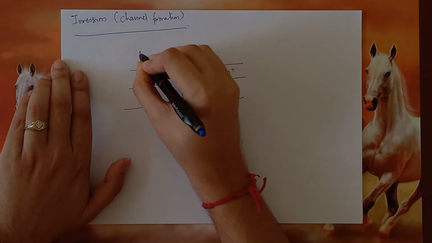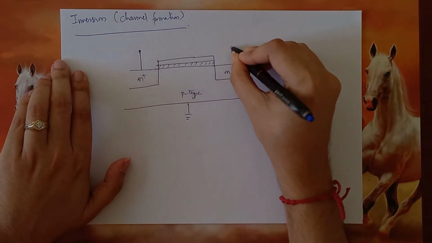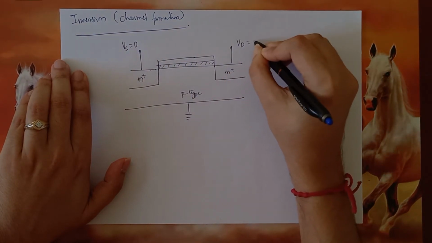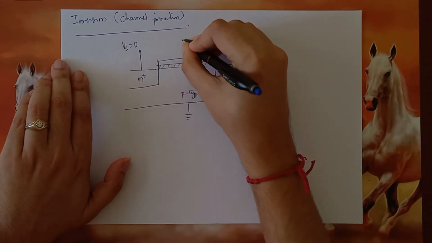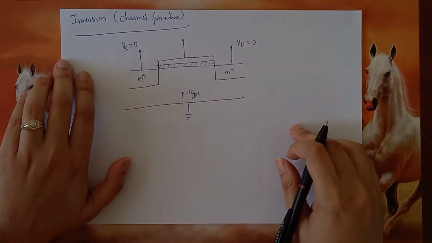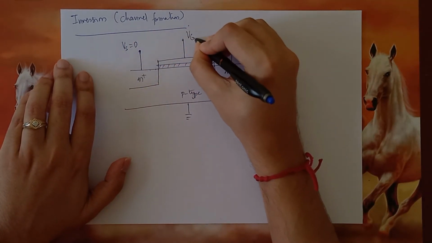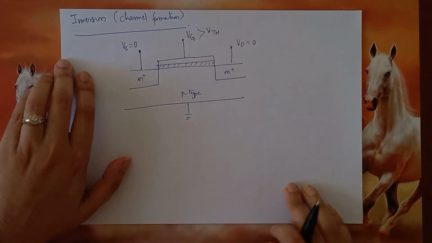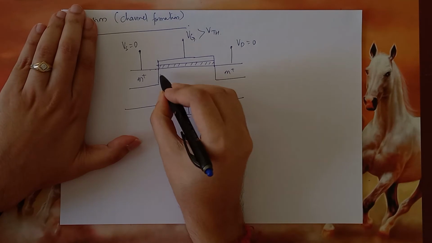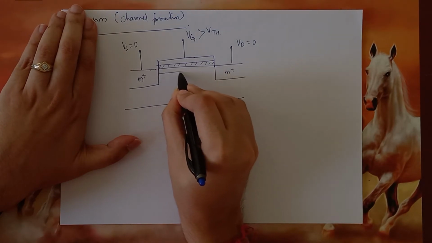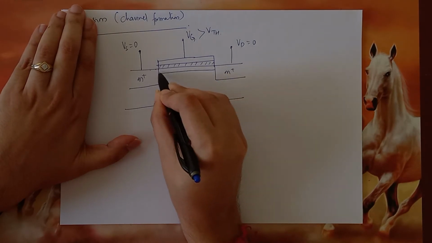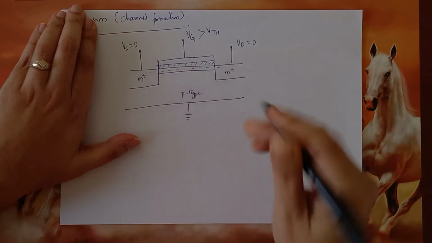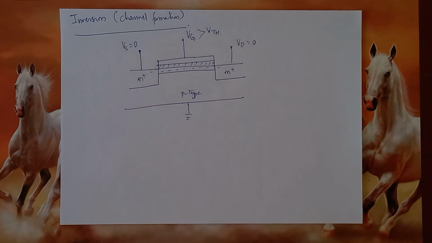Now let us say, for the sake of simplicity, that Vs is 0 and Vd is also 0. That is, the source and drain are both grounded. And my Vg is something that is more than Vth. In that case, a channel would be formed which looks like this. It would consist of electrons. It's kind of like a bridge that connects the source and the drain.